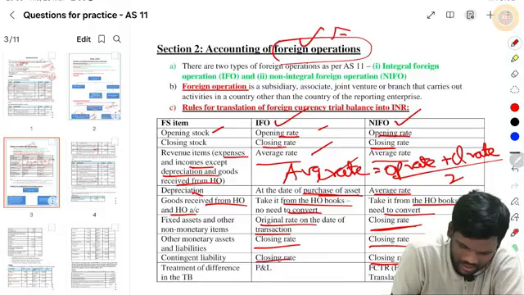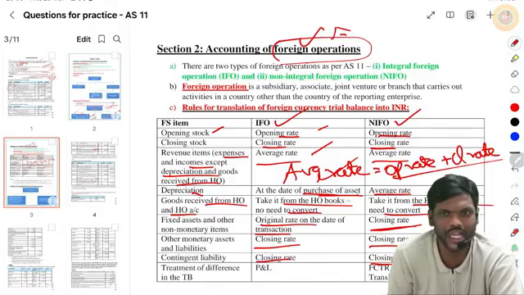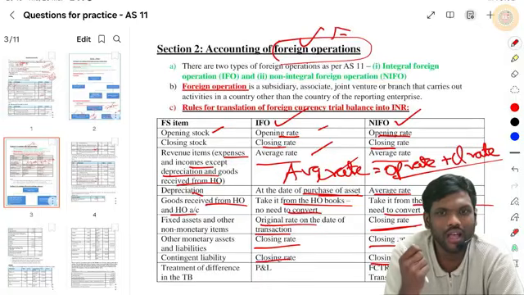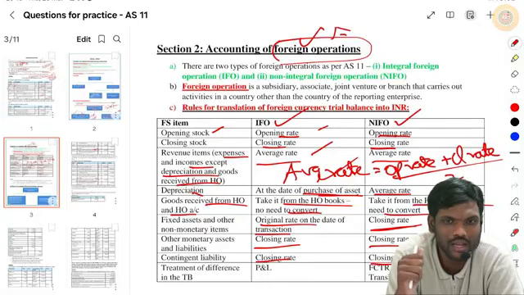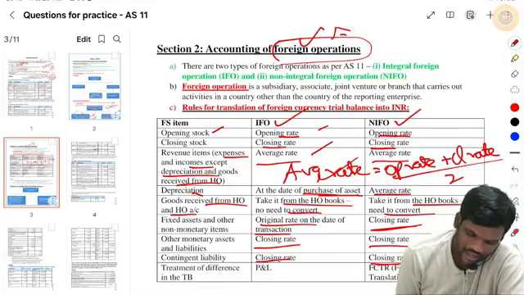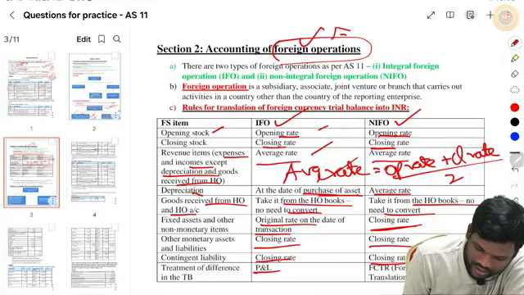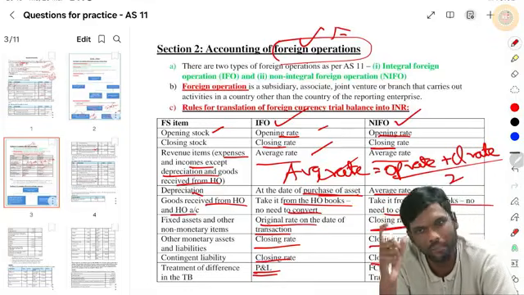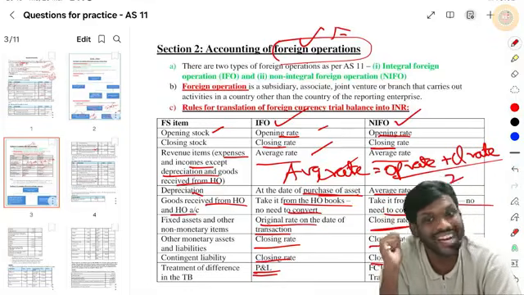Sometimes you're using the opening rate, sometimes the closing rate, sometimes the average rate. If you use different rates for each item, why will the Indian rupee trial balance tally? It won't tally. There will be a difference. So what AS 11 says, if it is IFO, take the difference to P&L. It will be either a gain or loss in the P&L depending on the nature of that difference.